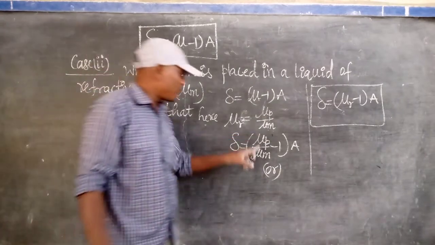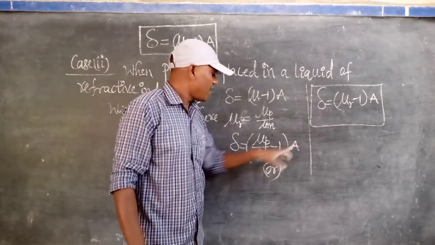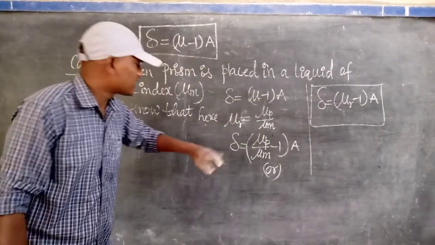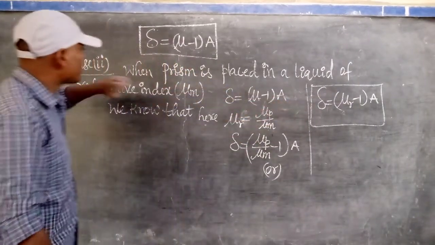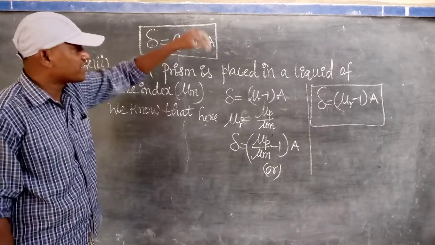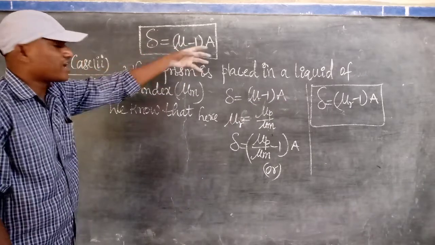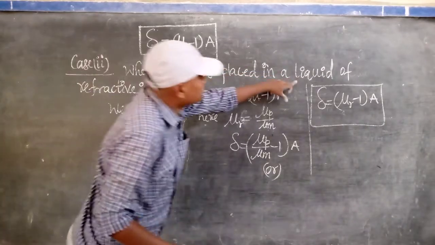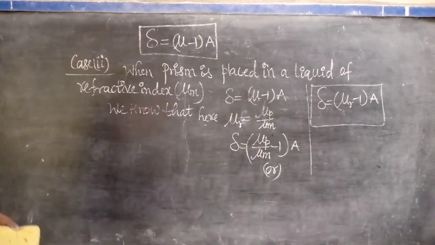So mu p upon mu m minus 1 into A, or the relative refractive index of these two media. By using either this equation or that one, we can find the deviation angle produced by the prism placed in a liquid medium.